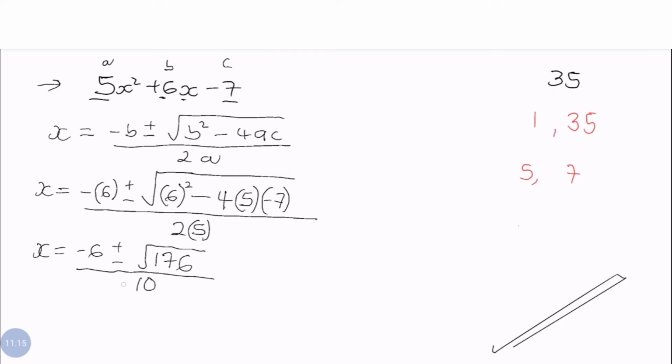So let us punch these in our calculators and see what answers we can get. So go and punch in your calculator. -6 plus, we will first use the plus and later we'll get to use the minus. So now we'll say -6 plus root 176 over 10.